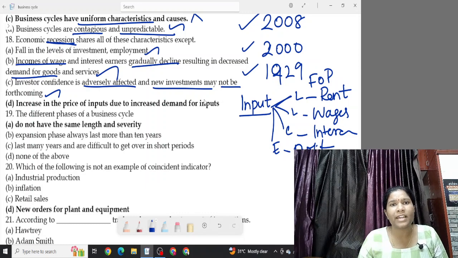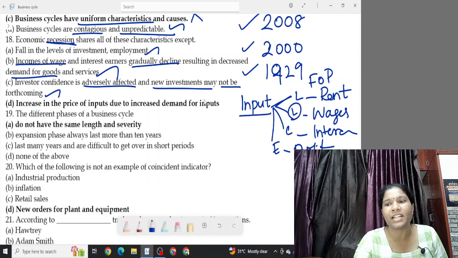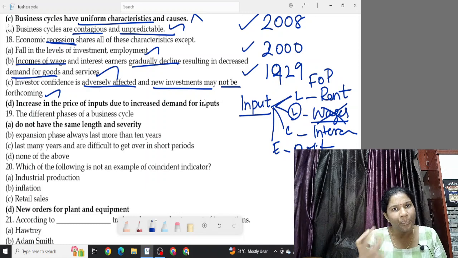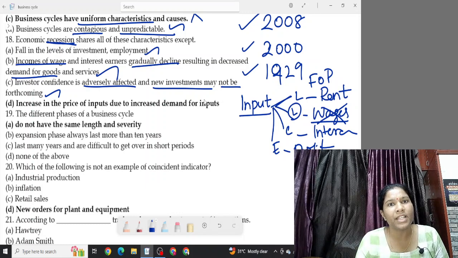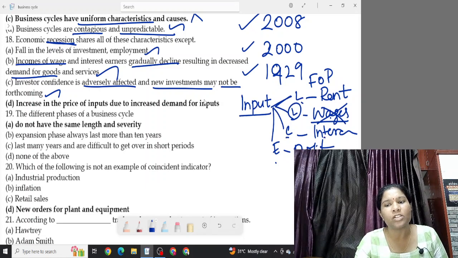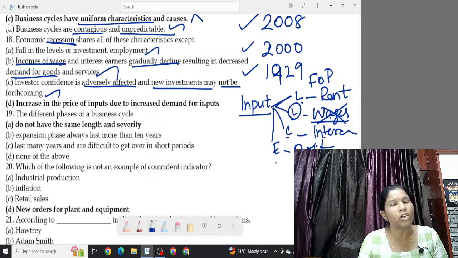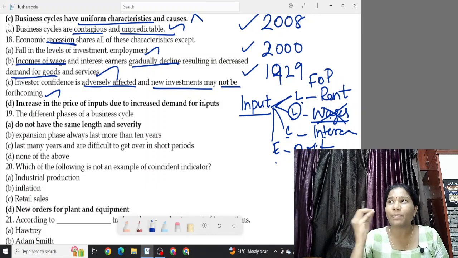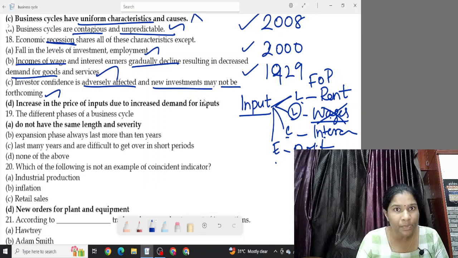Since people lose their jobs, no labor is needed, wages are cut, there are no proper employment opportunities. If labor is not needed, land is not needed, capital is not needed, and the entrepreneur also does not expect profit, because he doesn't expect people to buy his products even if they are produced.